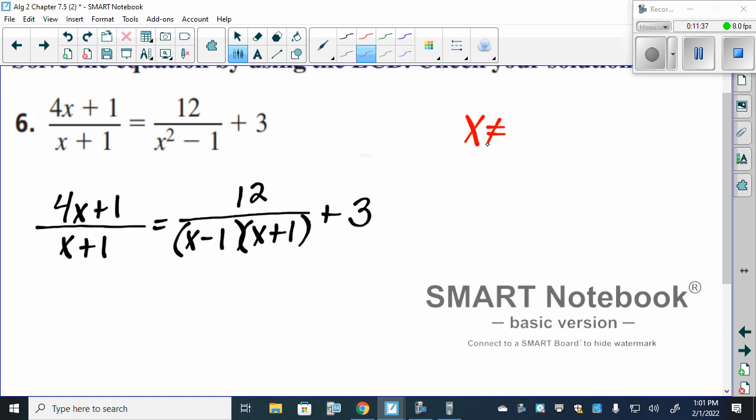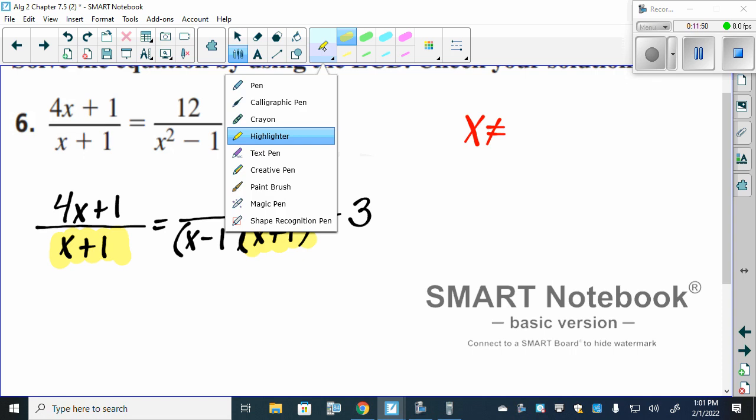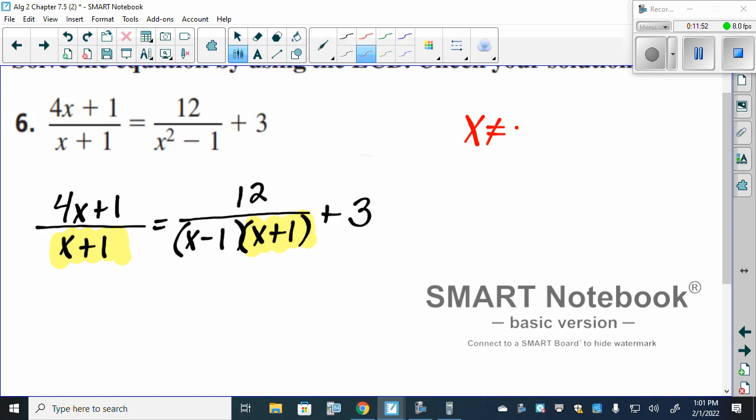So if we're looking for the restrictions, we're looking for what value of x will make the denominator 0. Well, our x plus 1 here and x plus 1 here tell me that x cannot be negative 1, because negative 1 plus 1 would be 0.